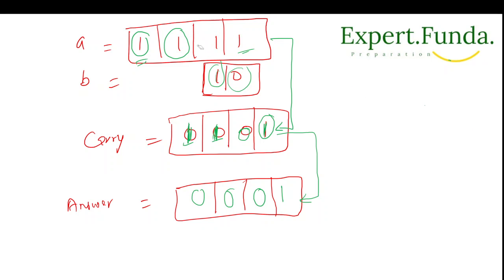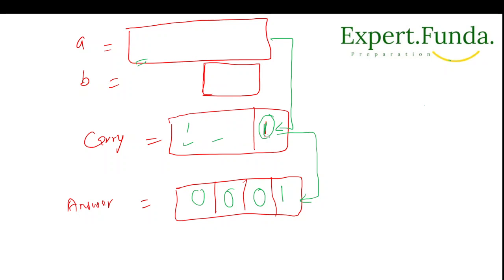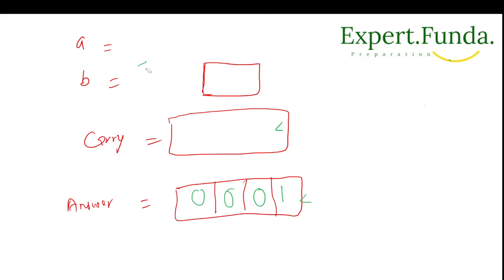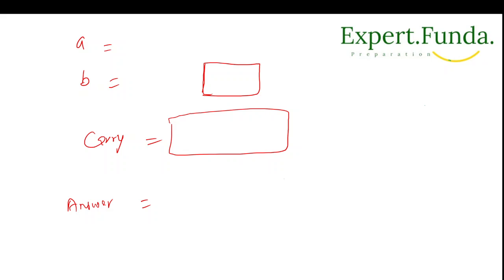Let me remove this one. Almost I have removed everything. Leave it, let me write again. See what we have here: A has 1 1 1.